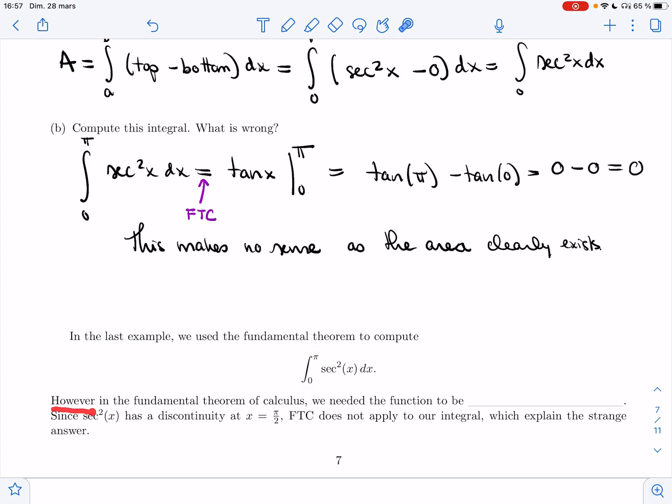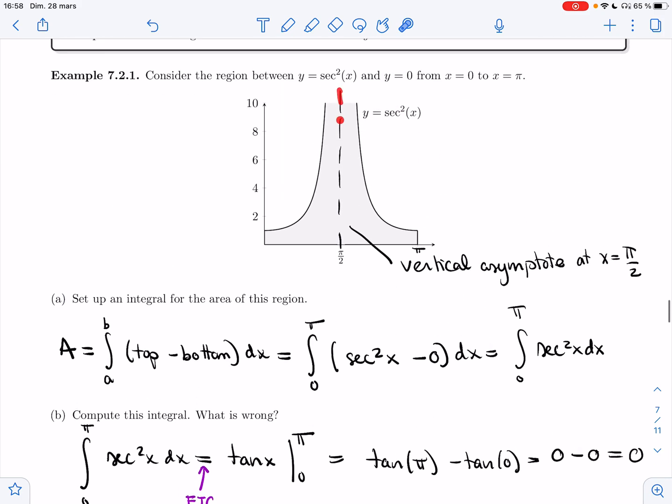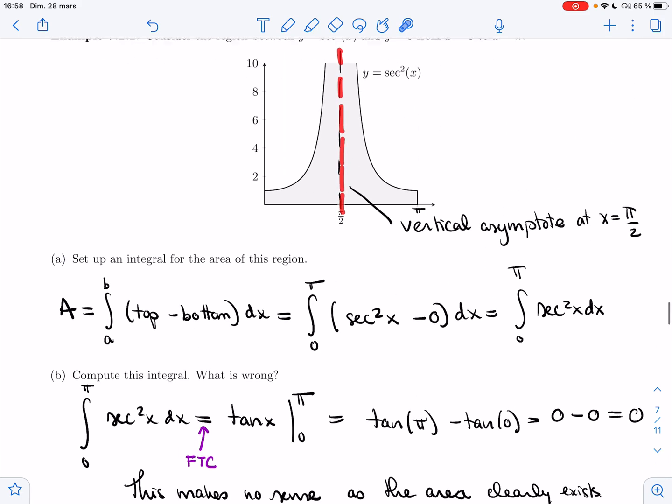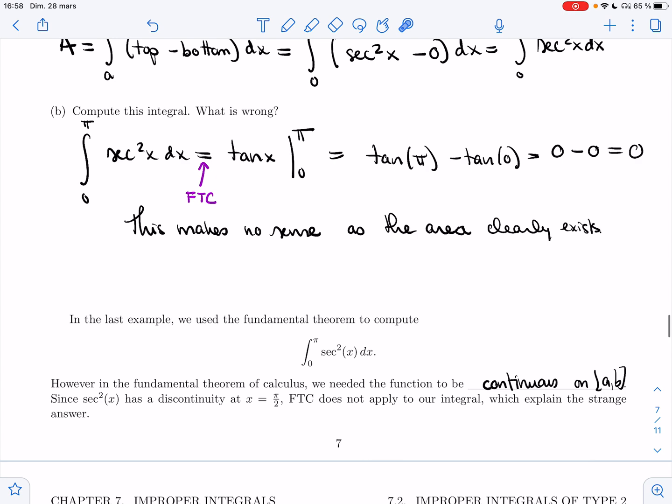However, in the fundamental theorem of calculus, if you remember, there was a condition at the start, it needs to be continuous on a, b. But secant squared has a discontinuity at pi on 2. It has a vertical asymptote, so it has an infinite limit. So FTC does not apply to our integral, which explains the strange answer.